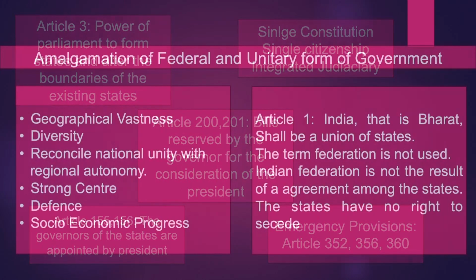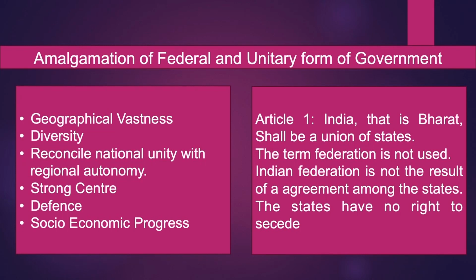And then there is the amalgamation of federalism and unitary form of government, which is termed as quasi-federal government, wherein both sorts of government come into existence.